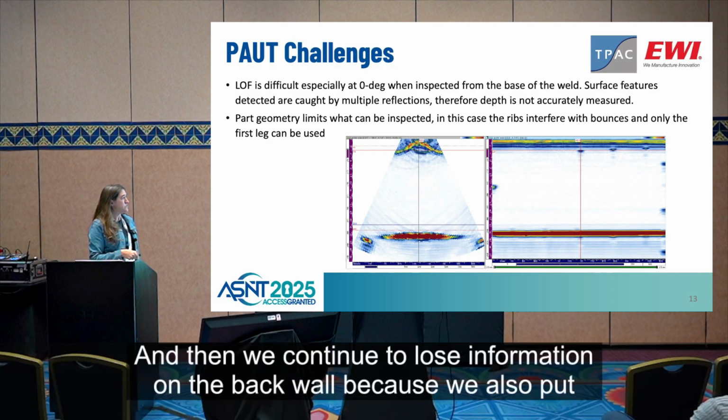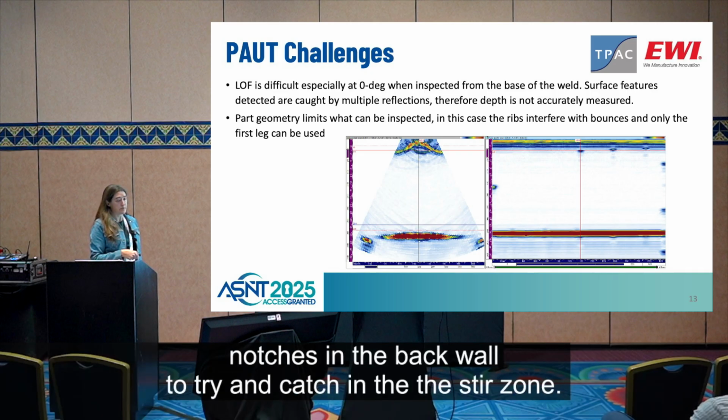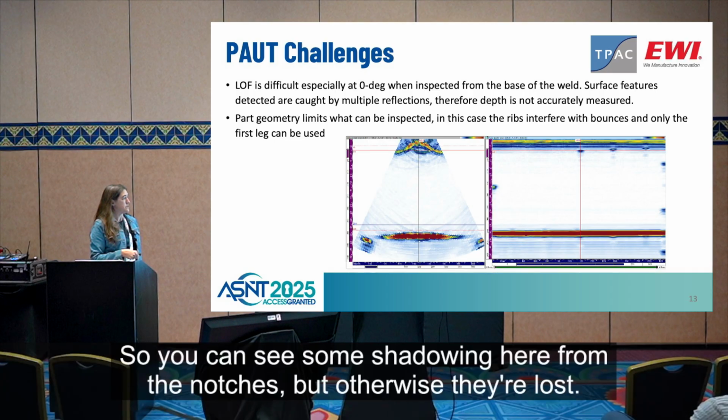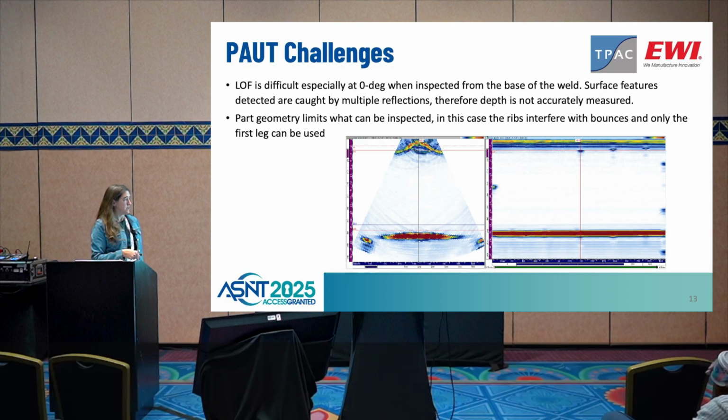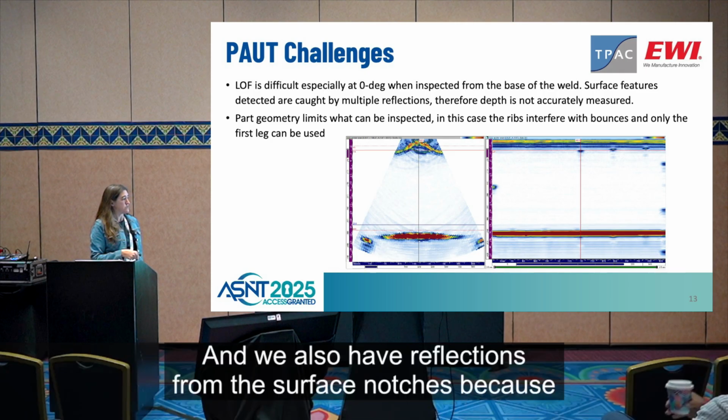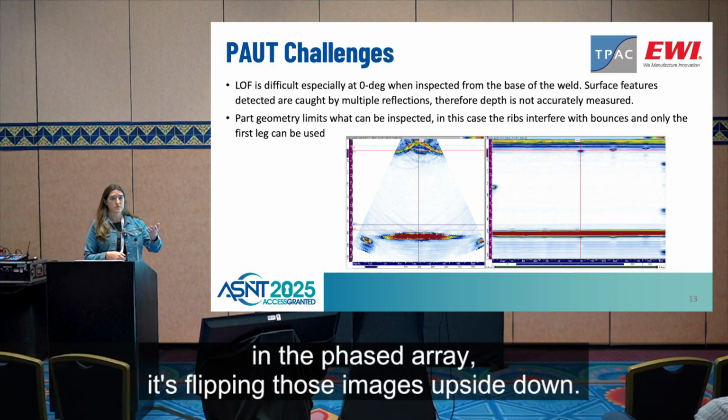And then we continue to lose information on the back wall because we also put notches in the back wall to try and catch in the stir zone. So you can see some shadowing here from the notches, but otherwise they're lost. And we also have reflections from the surface notches because in the phased array it's flipping those images upside down.